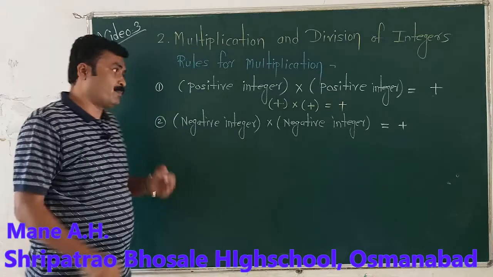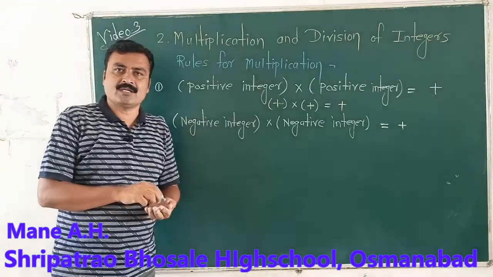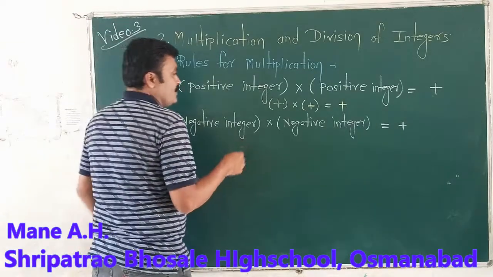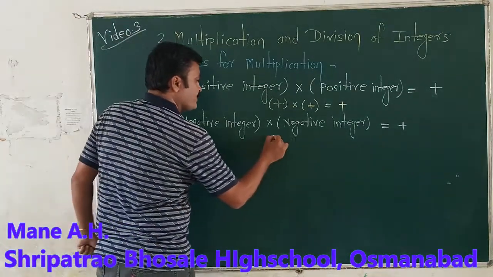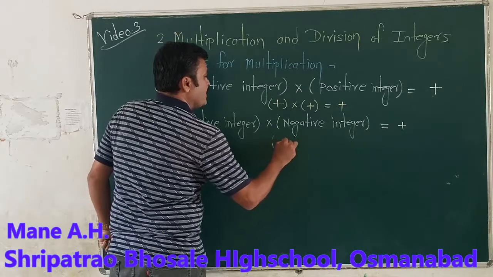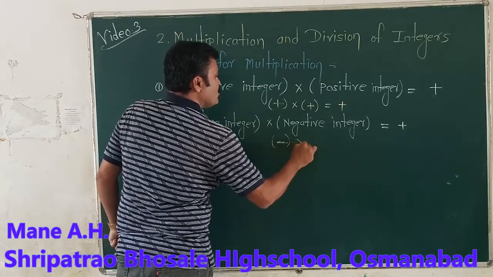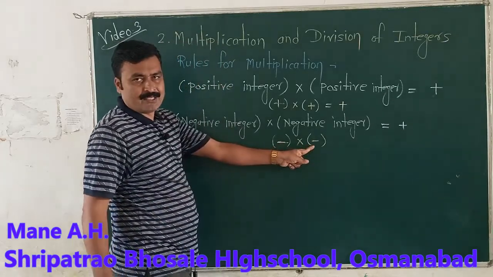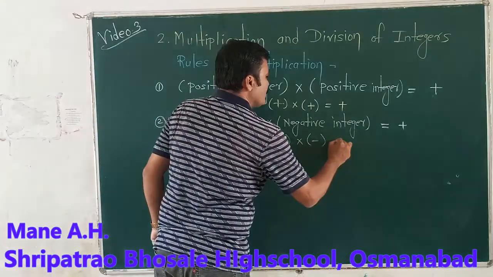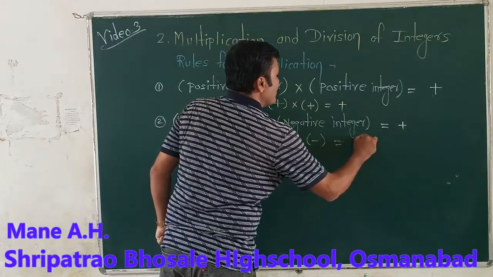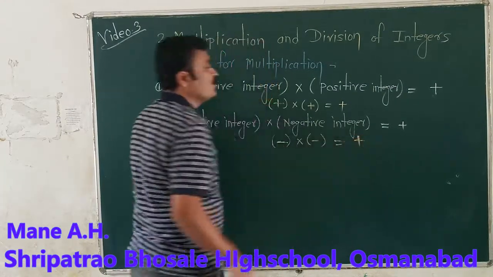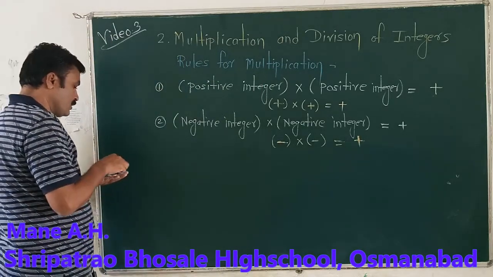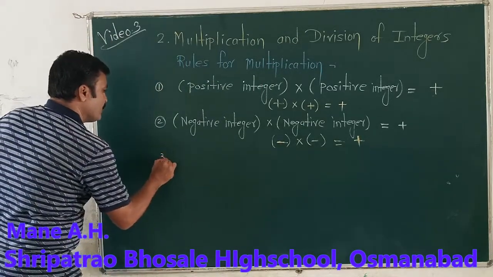That means the product of two negative integers is always a positive integer there. So in sign here I am putting in front of you in this way, that is minus into minus. That means both are negative integers. Their product always comes as plus. That is the positive integer. Let's keep in mind.